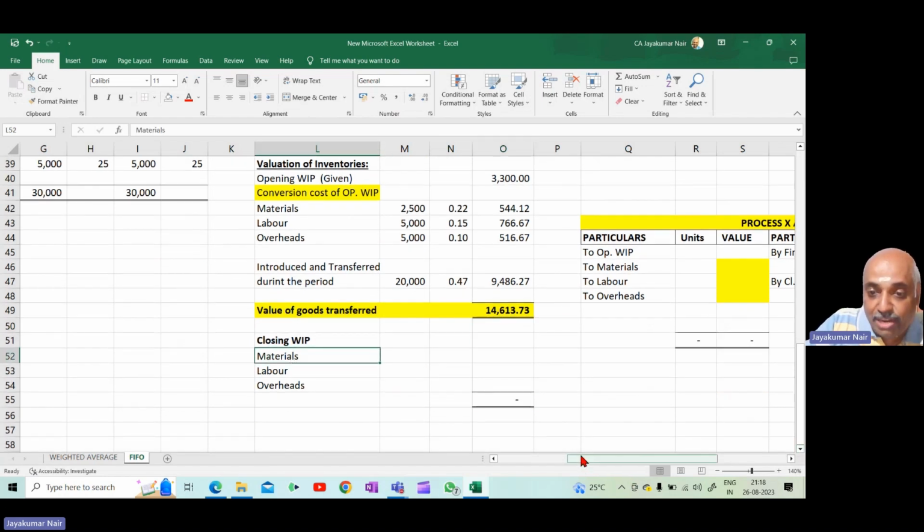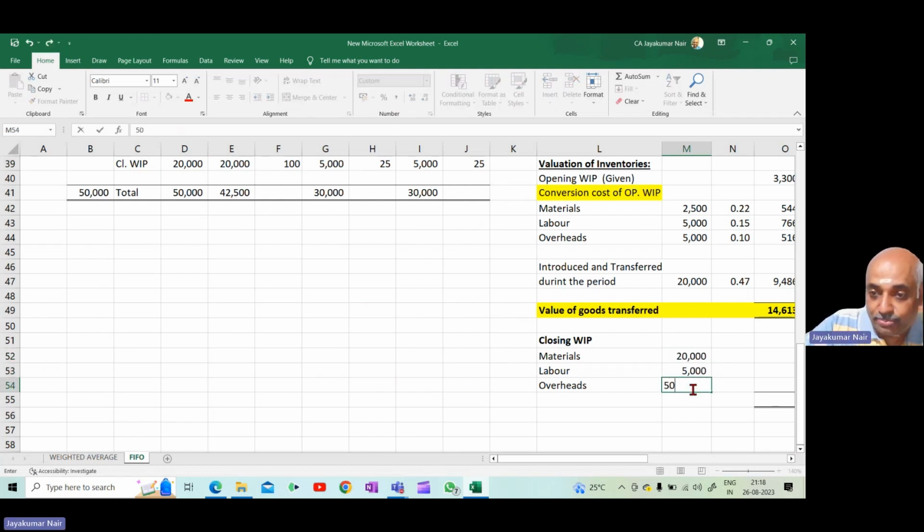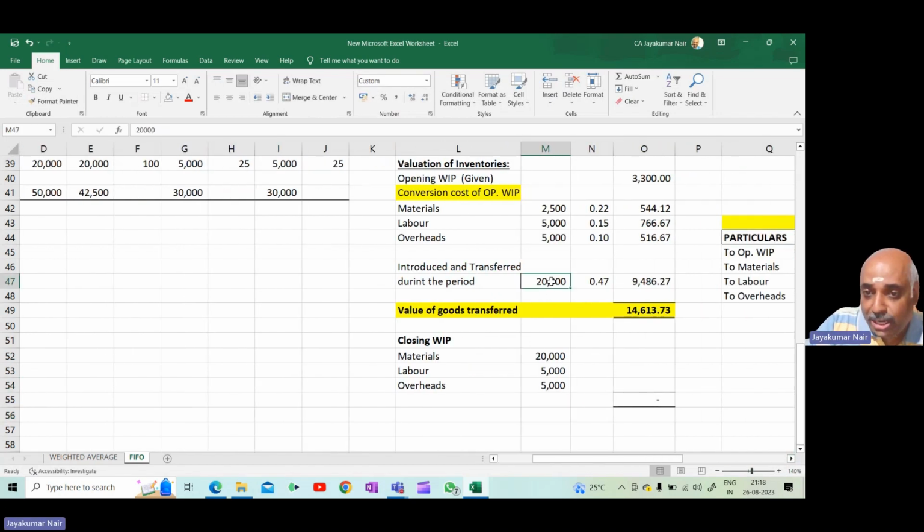What is the equivalent production statement? You must see closing work in progress. Material is 20,000 complete, whereas labor it's 5,000 and overheads it is 5,000. Now, previously for finished goods, I took only 20,000, I took the total, but here I'm taking separately.